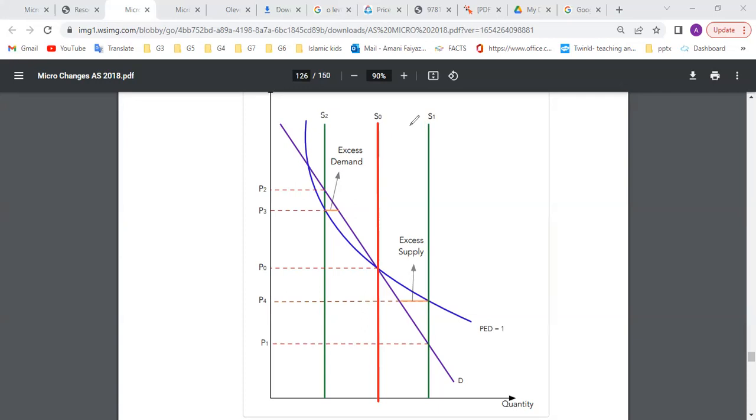So take it. The government says, okay, I'll take the excess supply, but you won't get too much revenue for it. So if supply is high, then price will be low.